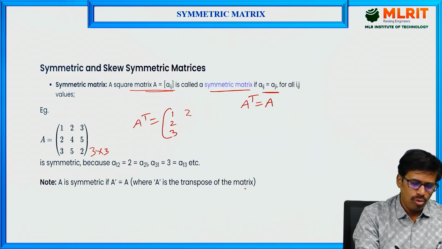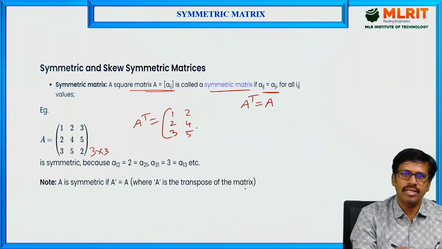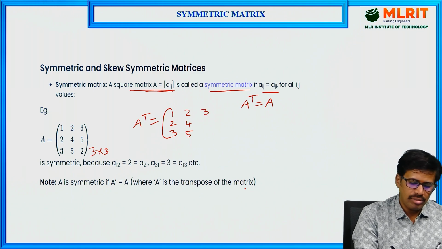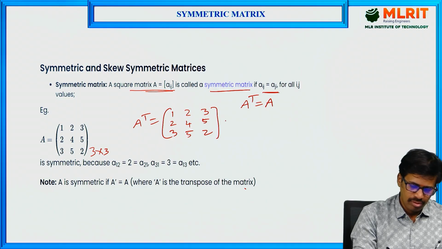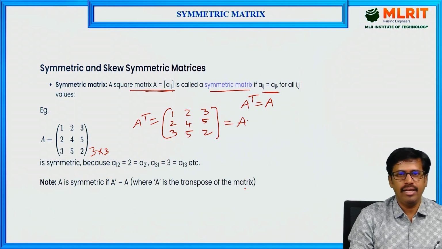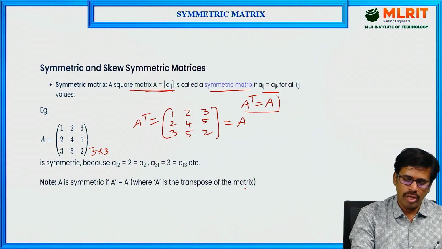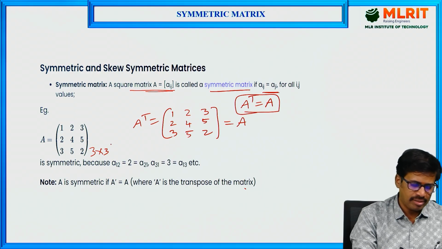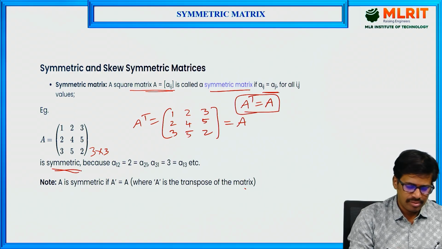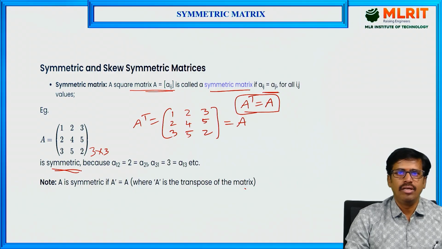The second row 2, 4, 5 I am writing as the second column. The third row elements I am writing as the third column elements. So, this is equal to again the original matrix capital A. So, A transpose equal to A, we call the given matrix a symmetric matrix, right?